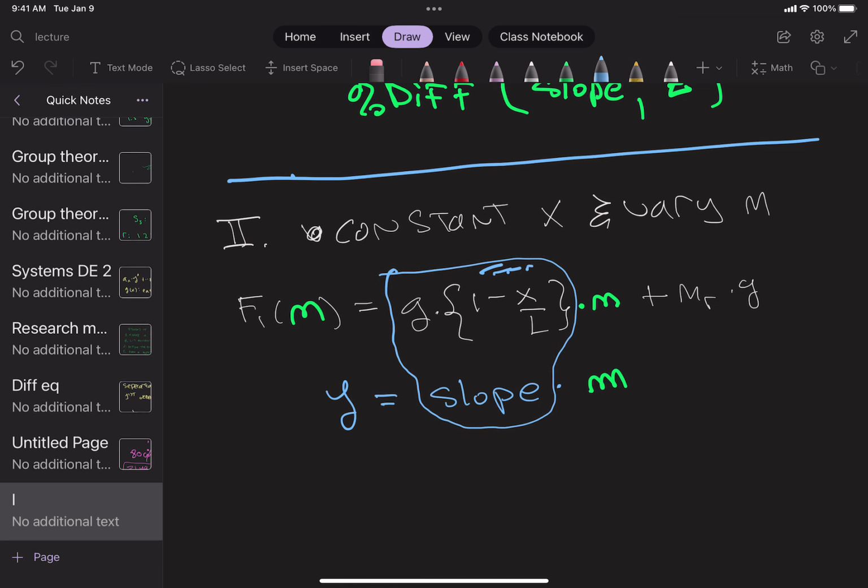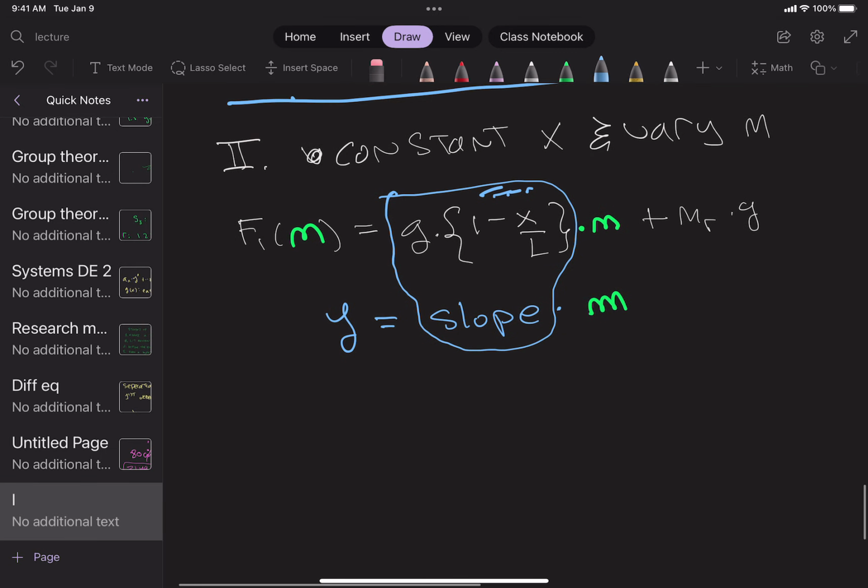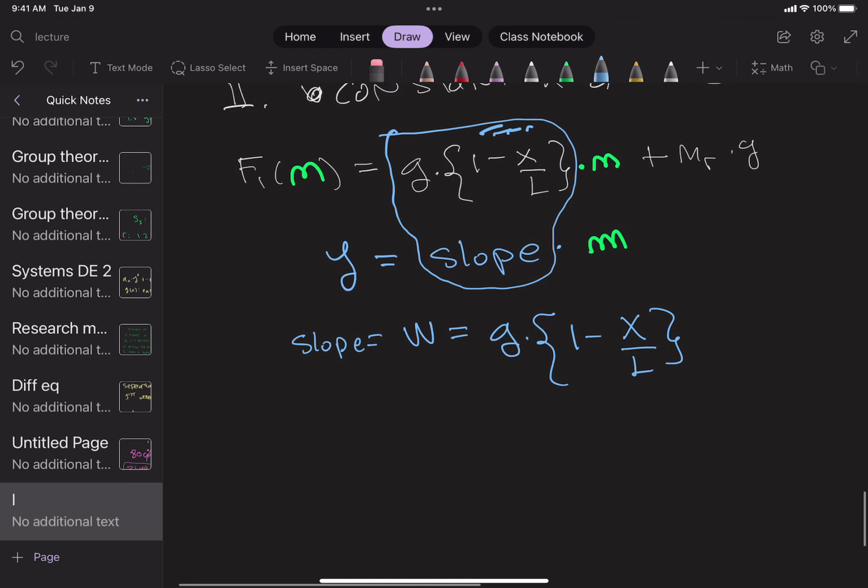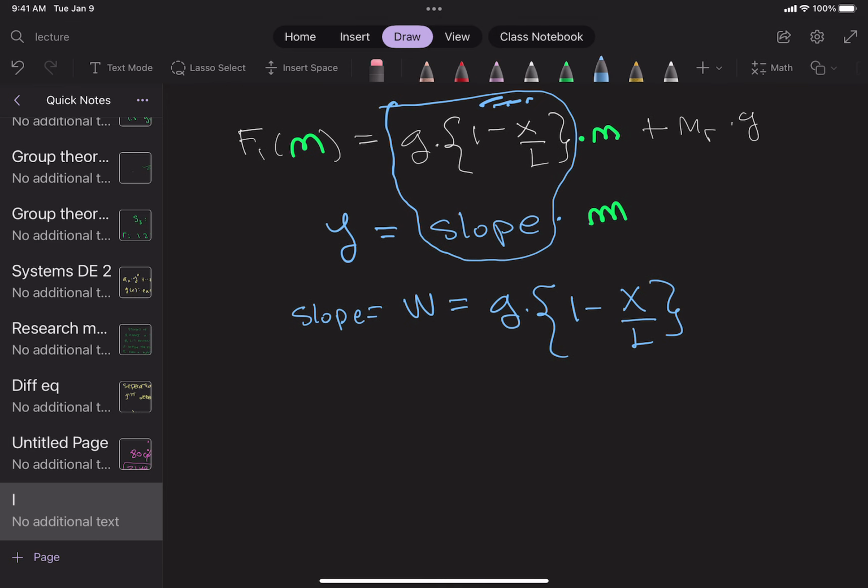Since this is a lot of letters, we're going to shorten it to a new variable, which we're going to call w, and that's going to equal g times 1 minus the distance of the hanging mass over the length of the meter stick. And again, you're going to make a table with different masses, and for each mass, you're going to record the corresponding F1.